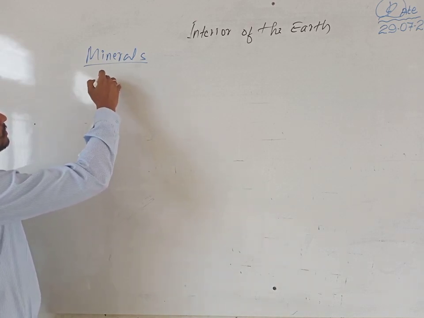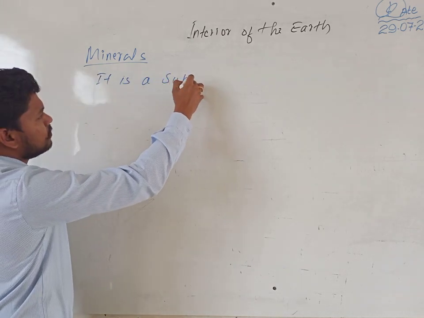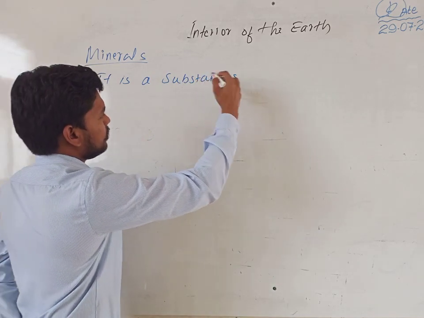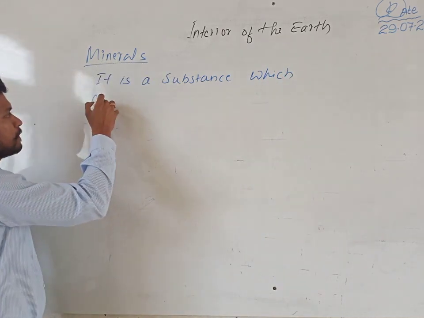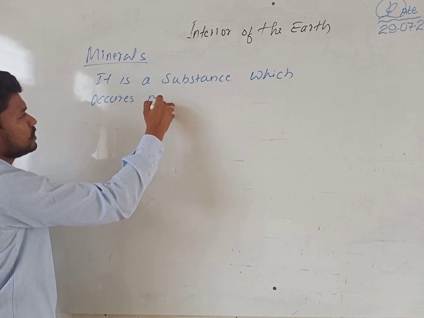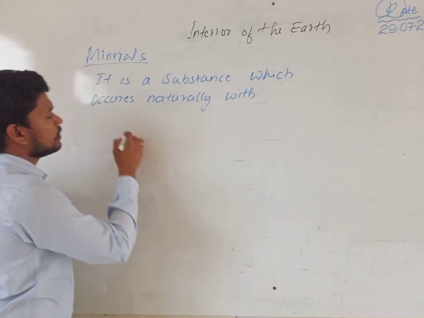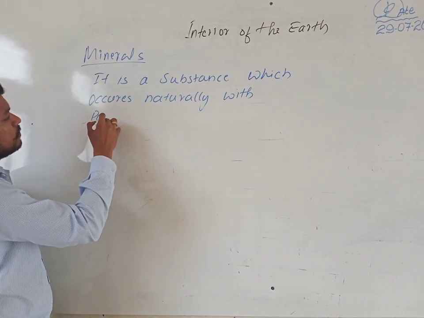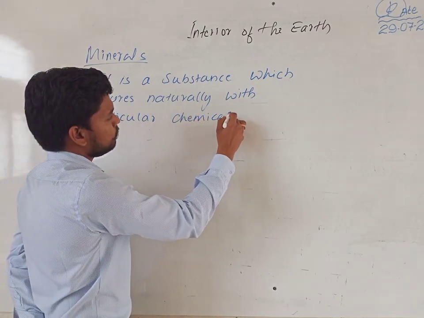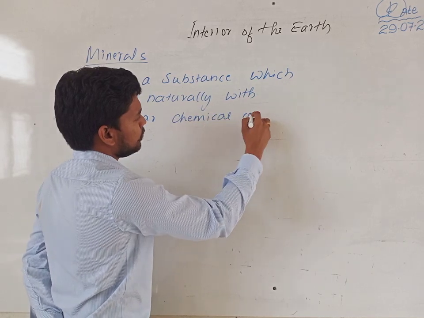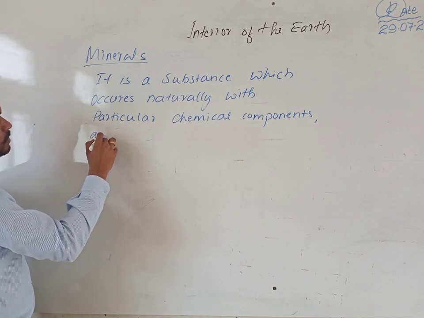A mineral is a substance which occurs naturally with particular or definite chemical components and physical properties.